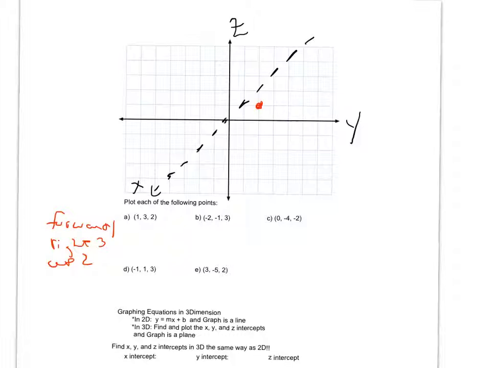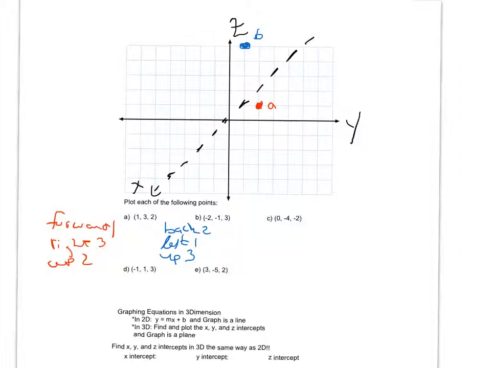I'm going to label that as point A. I'm going to do the same thing with point B. So now because my first coordinate is negative, I'm going to go back 2, then because my second coordinate is negative, I'll go left 1, and then up 3. So I'll go back 2, I always start at the origin, I'll go left 1, then I'll go up 3, and then I will put my point. And I'm going to label that point B.